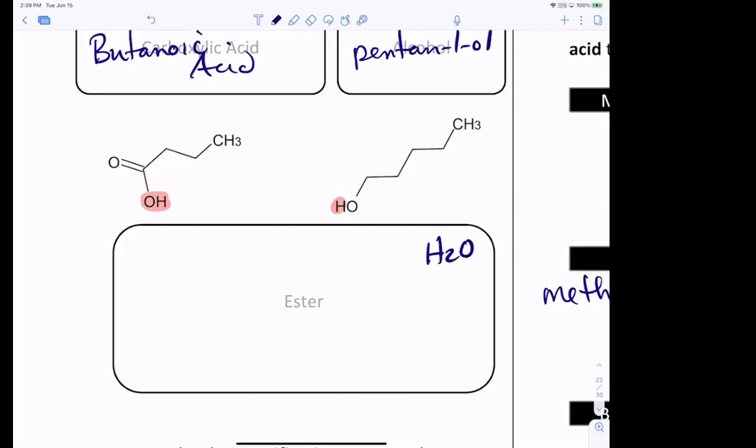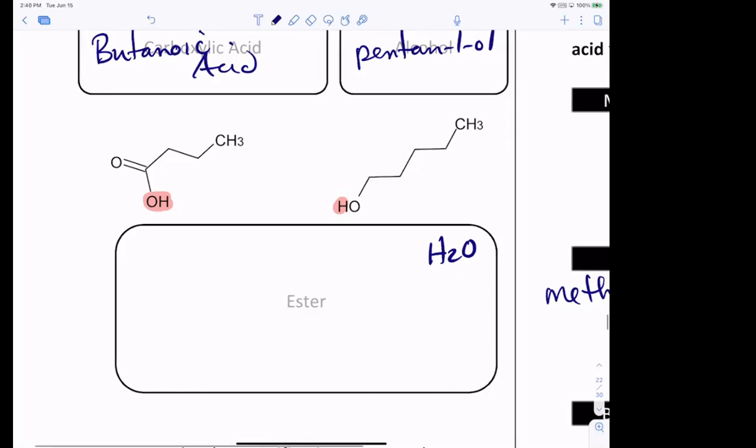And then where the acid lost the OH, it's going to use that carbon atom to bond to the oxygen in the alcohol, isn't it? So when I draw the ester personally, I find it easier to draw the acid part first. So 1, 2, 3, 4, and then I put the beginning of the carboxyl group.